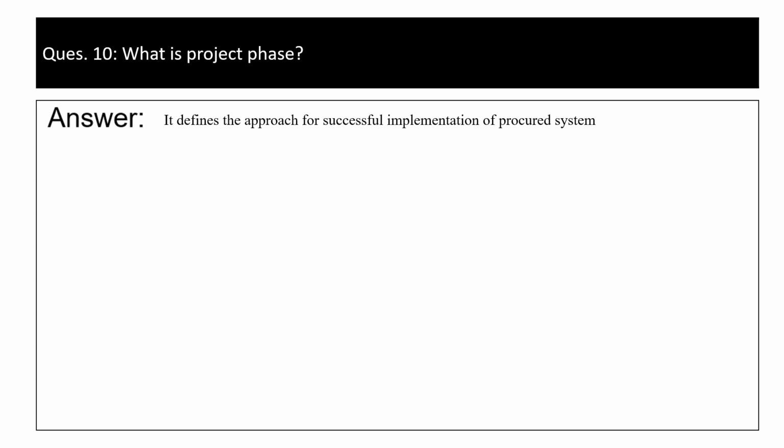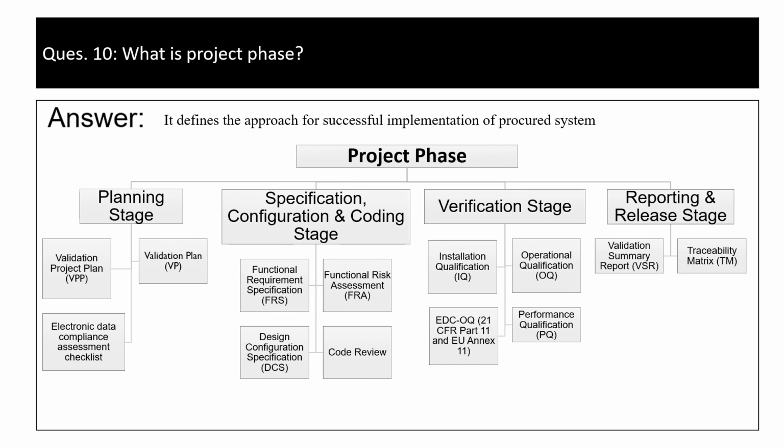Question number 10, what is the project phase? The answer: it defines the process for successful implementation of the procured system. The project phase is further subdivided into 4 stages. First is the planning stage. It includes the validation plan and the electronic data compliance assessment checklist. Second is the specification, configuration and coding stage.